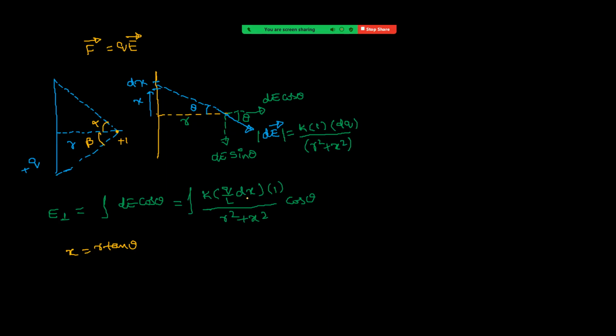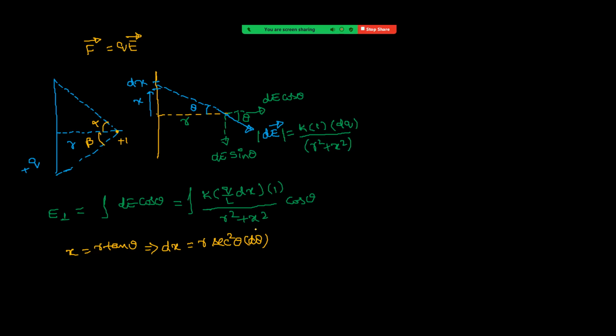We want the dx value, so I'm differentiating this. dx equals R, which is a constant, times the derivative of tan, that is secant squared theta d theta.